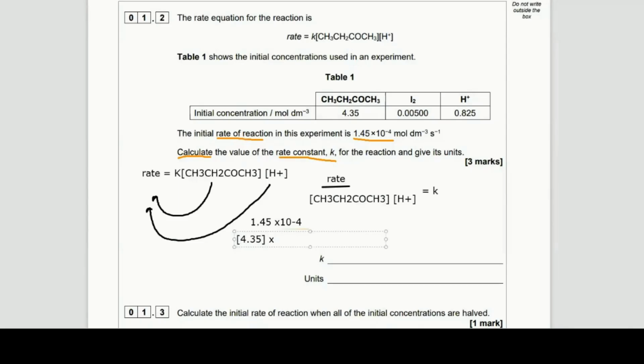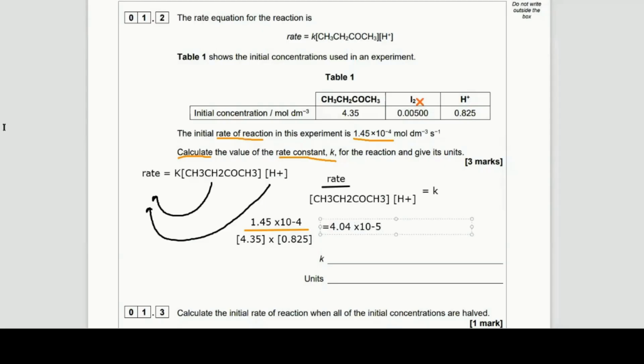You always use square brackets for concentration, which I'm going to multiply by 0.285, and that is the concentration of the hydrogen ions. Notice I put a red X next to I2. It's not in the rate equation, so it doesn't appear in our equation. Okay, it doesn't affect the rate, that reactant. So, and that's going to equal 4.04 times 10 to the minus 5, and that is the value for K.